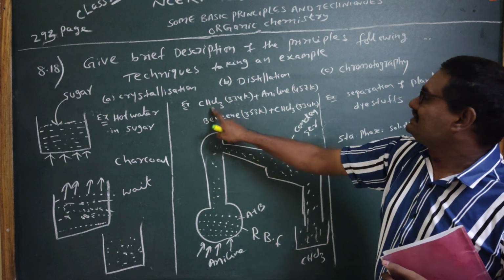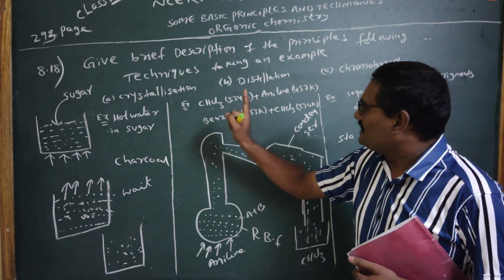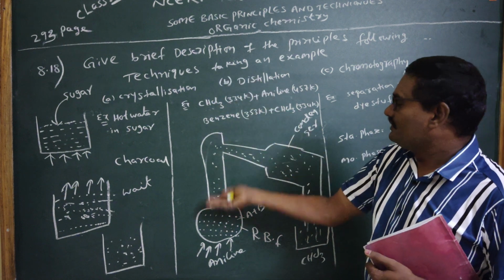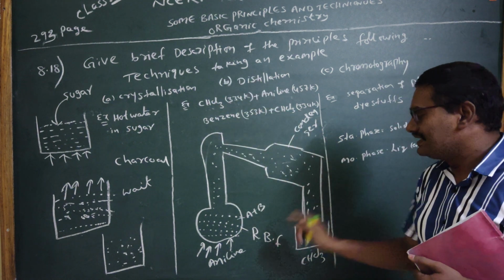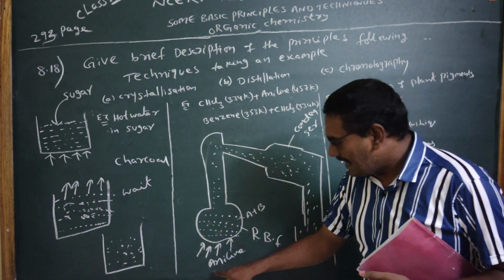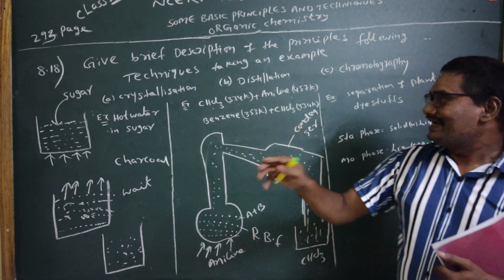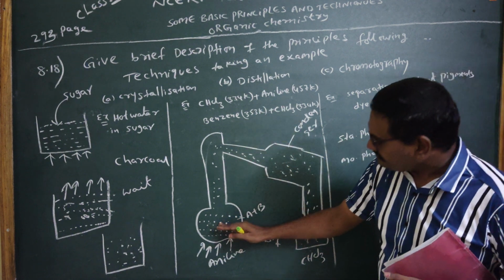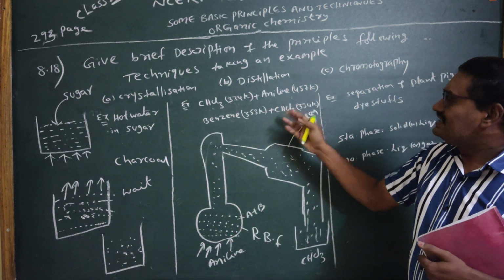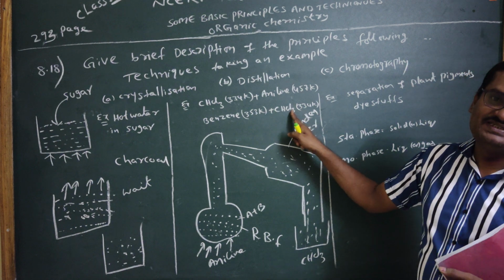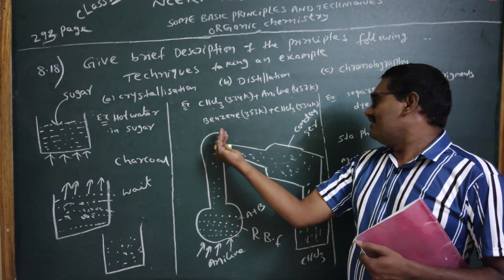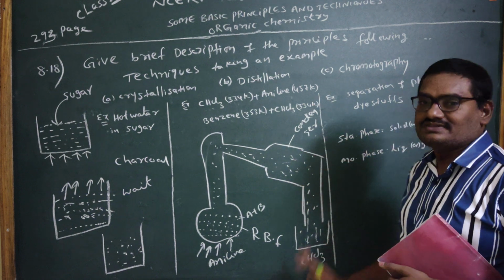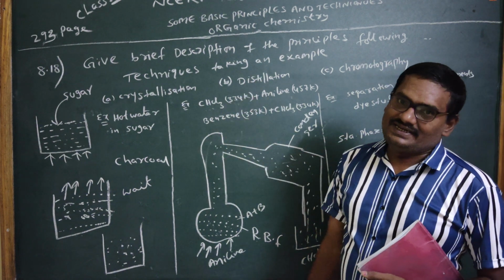For example, CHCl3 and aniline: first to evaporate is chloroform at 334 Kelvin, which is converted into liquid in the beaker. The remaining aniline stays in the round bottom flask. Second example, benzene and chloroform: again chloroform CHCl3 evaporates first, goes to the condenser, becomes liquid and is collected. So it is distillation.